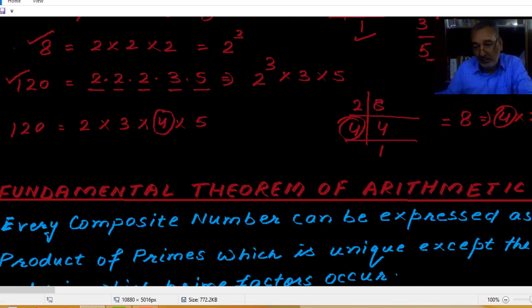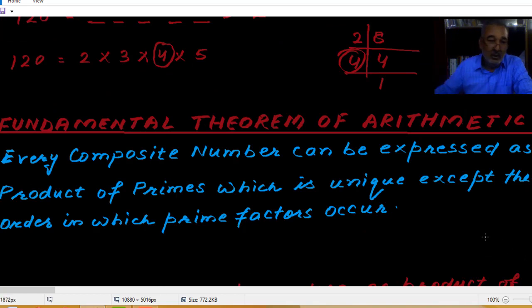Next, there is the fundamental theorem of arithmetic. What is fundamental? It's basic. You are aware of theorems. Arithmetic, what do you mean by arithmetic? It is the branch of mathematics that deals with numbers, especially.